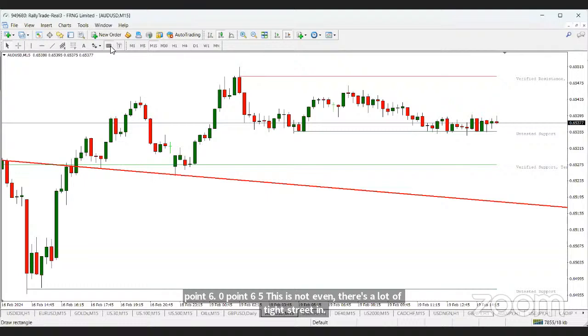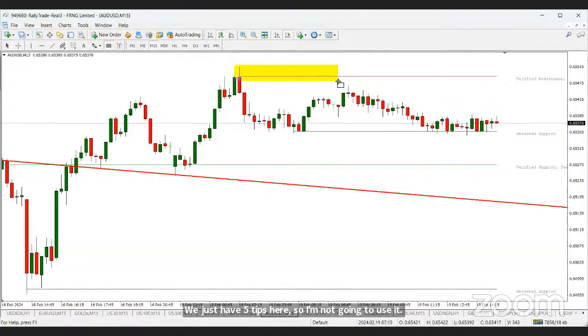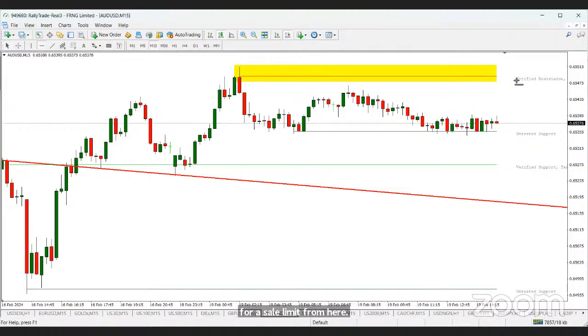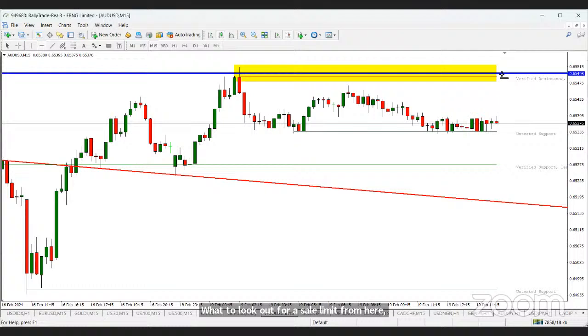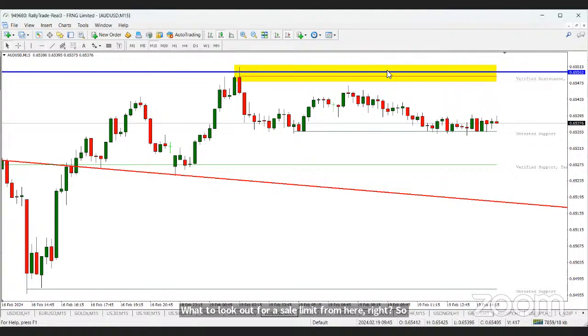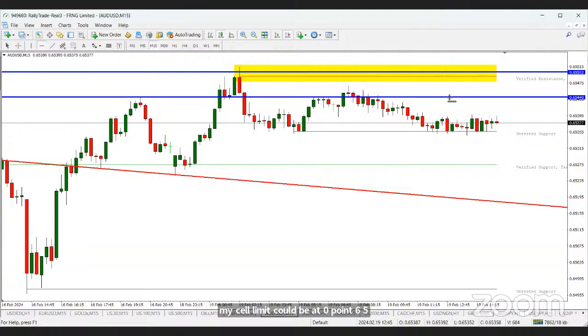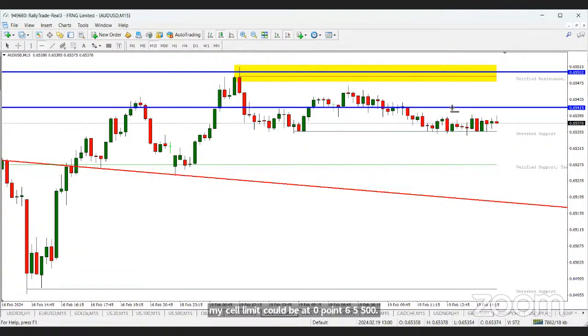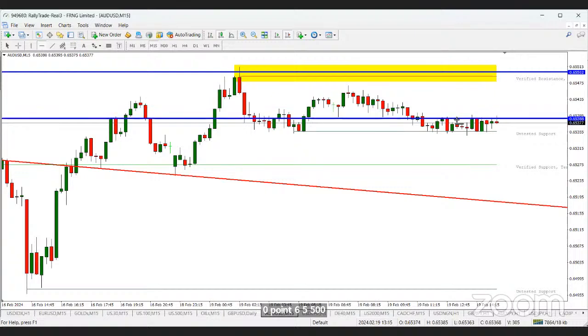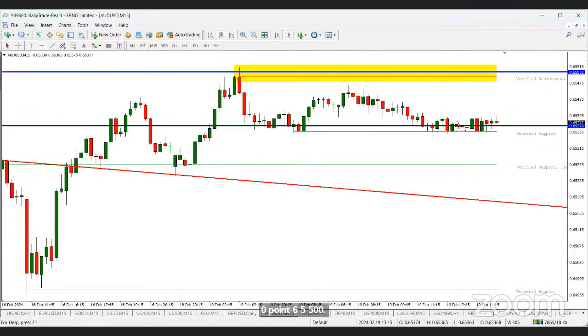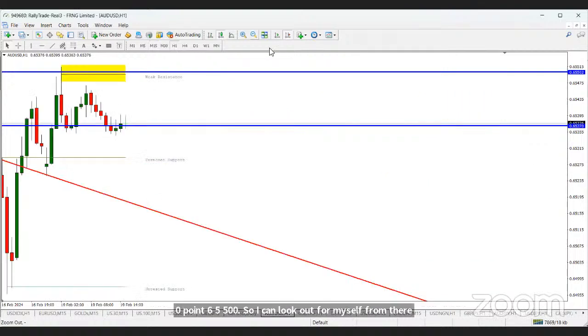Instead, I'm going to look out for a sell limit from here. My sell limit could be at 0.65500.